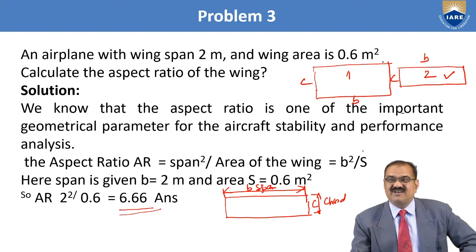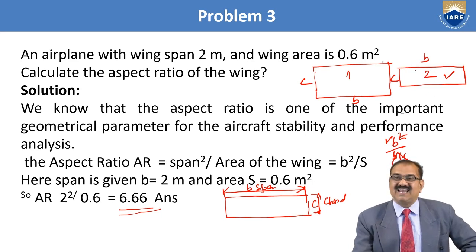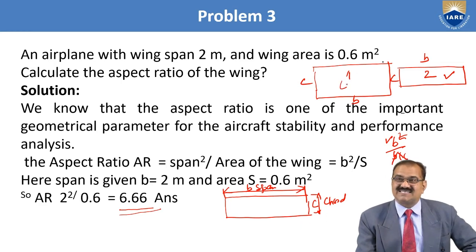If C is less, the area will be reduced. Here B square divided by B into C, so B and B cancel. If C is less, the value of aspect ratio will be more. So by seeing these 2 aircraft, we can directly say that aircraft number 2 has more aspect ratio and aircraft number 1 has less aspect ratio.